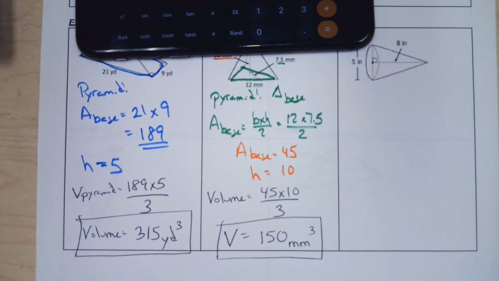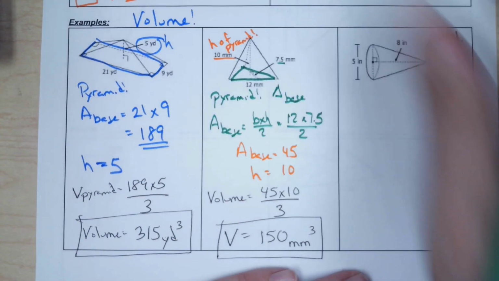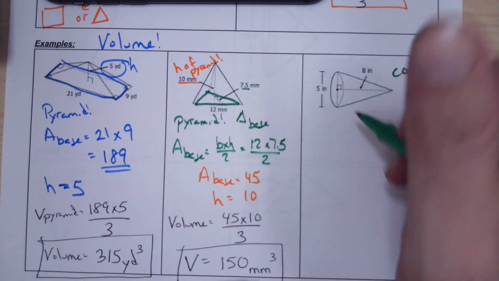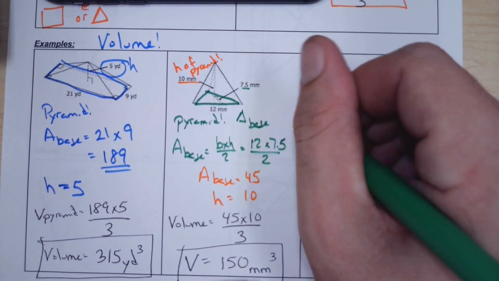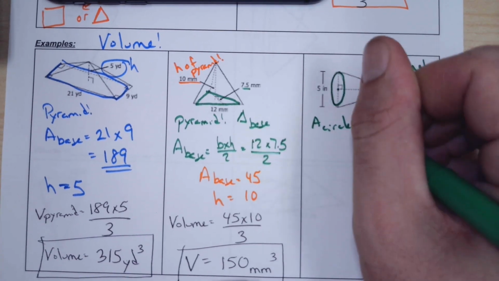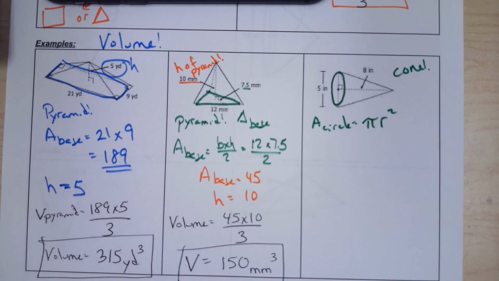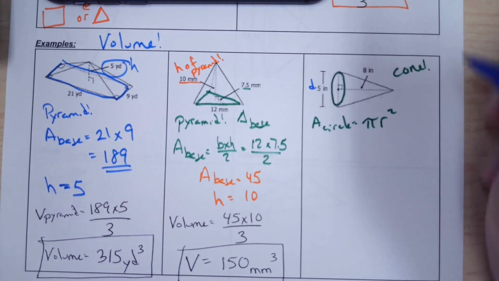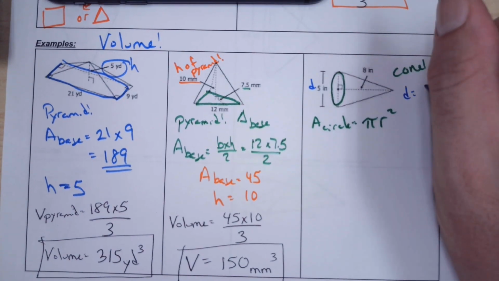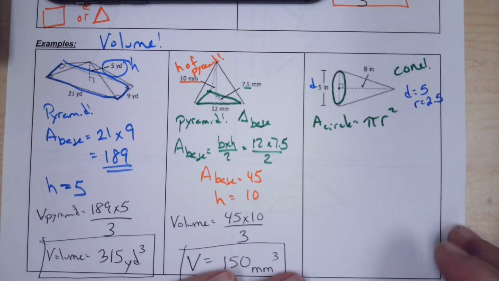All right, last one. So here you have got a cone. So we're looking over here at the circle. So we need the area of the circle. That's going to be pi r squared. So careful here. 5 is the diameter. So if D is 5, that means the radius is half of that, so 2.5.